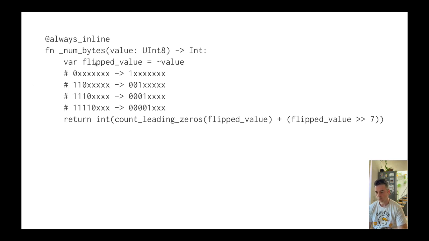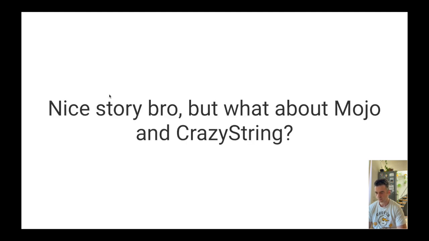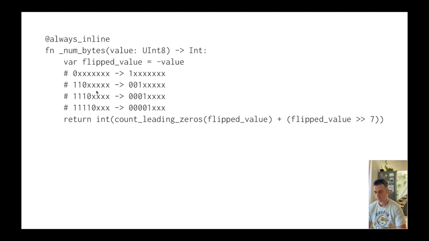So what we do first, we flip the bits. Here we can see, if we had this bit pattern, we get this. When we had this bit pattern for 2 bytes, we get this pattern. 3 bytes, we get this, and 4 bytes, we get this.